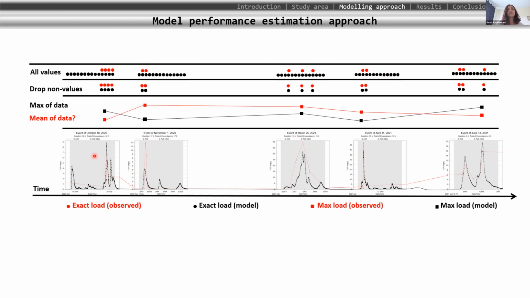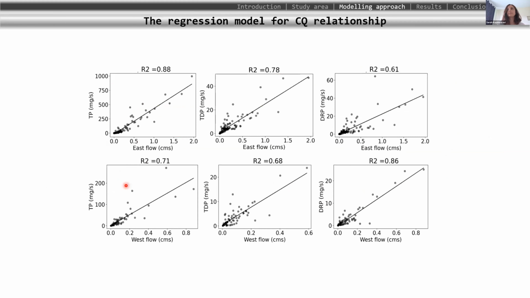So we decided to use the maximum of the data, which represents the maximum load exported through each event. Other data were filtered out, and just the data about the maximum flow were selected to estimate the performance metric.